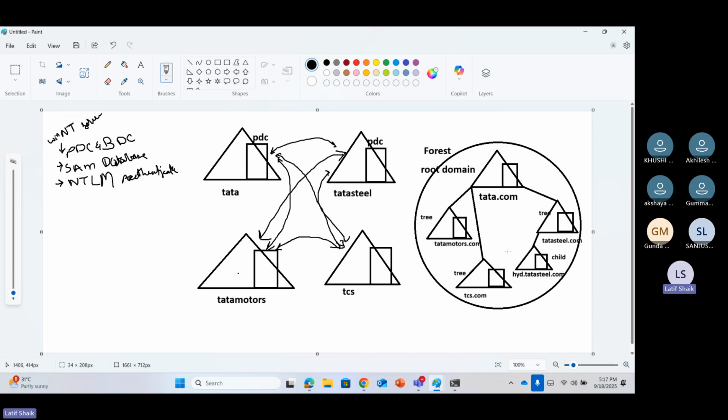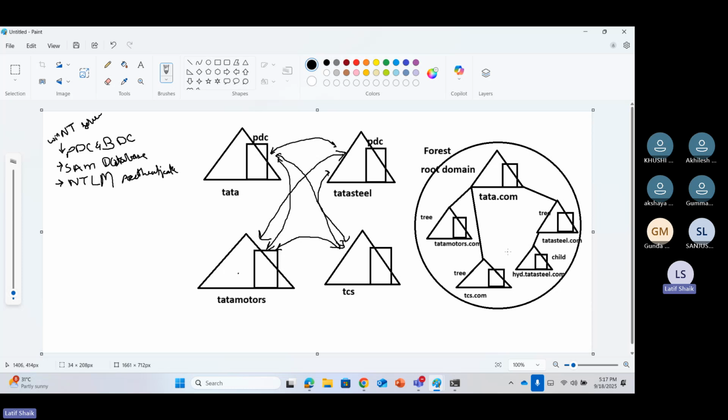If you want, you can create a trust relationship, but still, the forest is a security boundary. Within the forest, all domains trust each other. Users can access any resources from any other domains in the forest. Of course, there are conditions, but still they can.